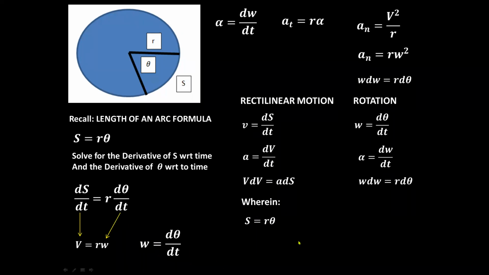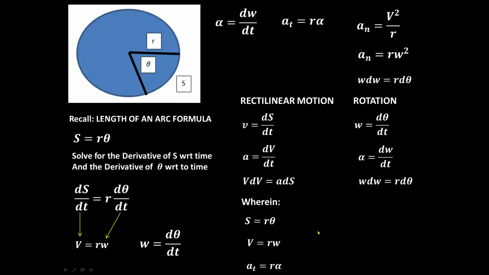S is equal to R theta. Take note, ang theta, kapag nasa degree measure, kailangan kino-convert lagi yan sa pi radian. Okay? And then, followed by, V is equals to RW. Yan naman ang formula ng ating velocity.